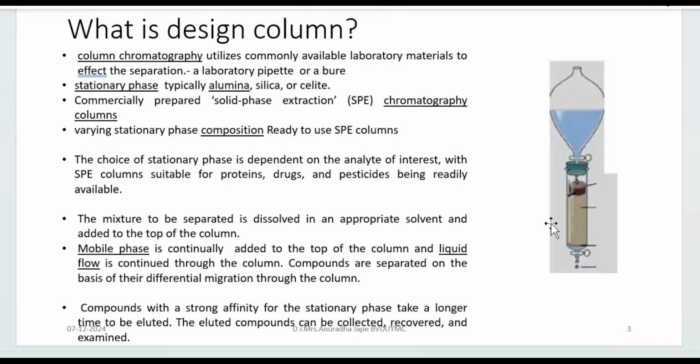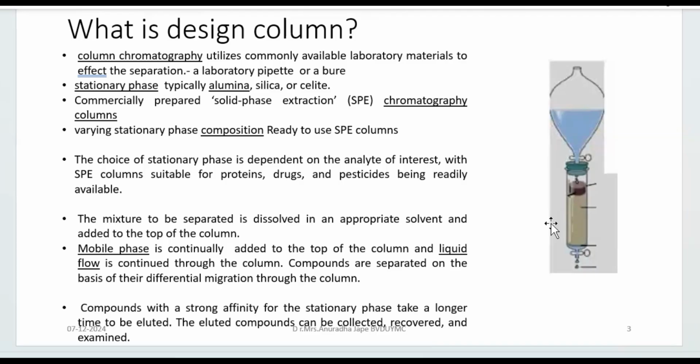But as in the previous lecture, we had talked about SPE columns, solid phase extraction columns. These are nothing but the preparatory columns where the sample from a biological source is going to contain a variety of components in it. It's a complex mixture, and the percentage of the analyte of interest may be less. So you have to remove all the unwanted interfering materials, and only the analyte of interest is to be concentrated.